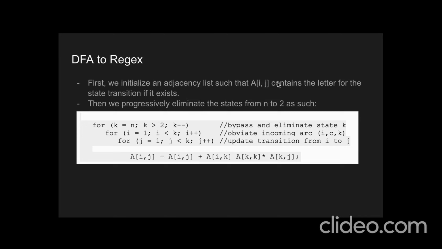After this, we're going to perform a sort of Floyd-Warshall algorithm where we iteratively eliminate the middle state k. We start off with the state k at n and progressively go backwards all the way till state 2, and essentially we will be adding the possible transition from i to k and k to j and any sort of cyclic states in k itself, k star.